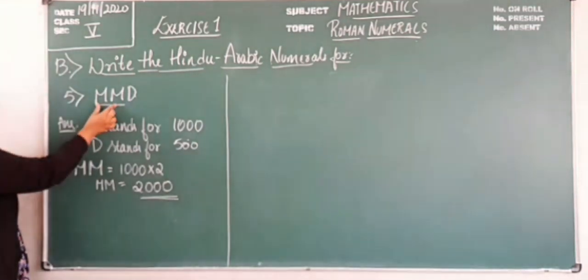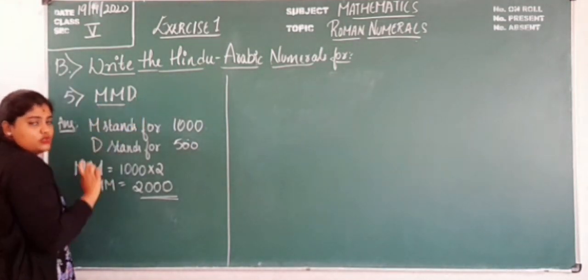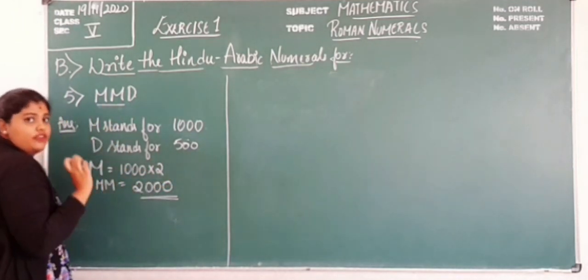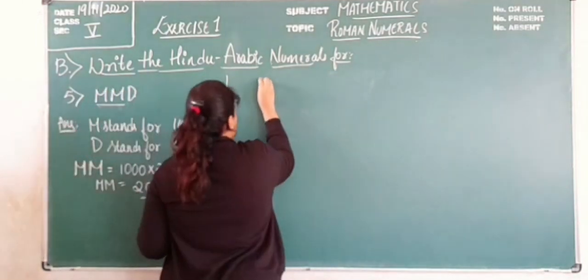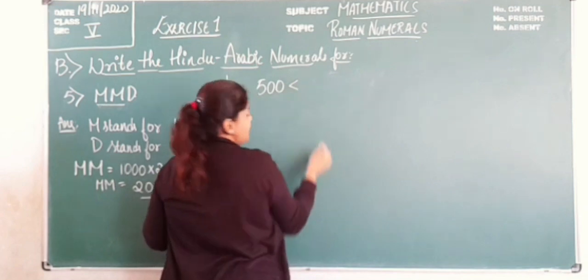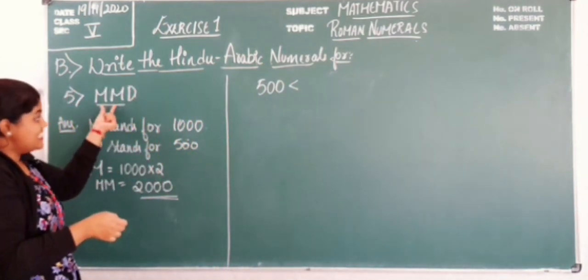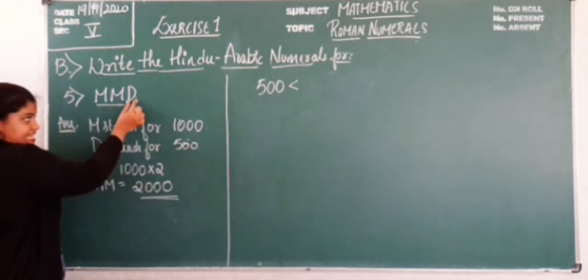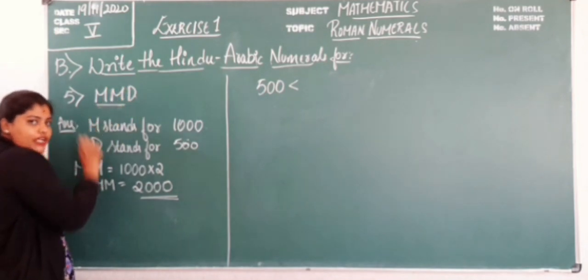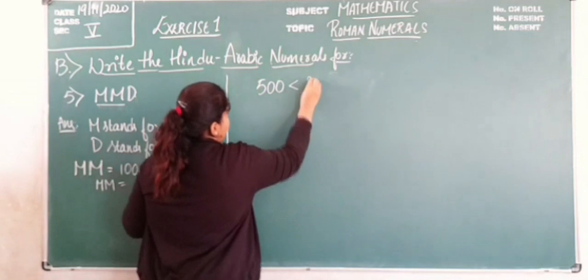Next we have D. Here MM is 2000, then we have D. We know that D means 500, and this D is less than this double M. So 500 is less than 2000.